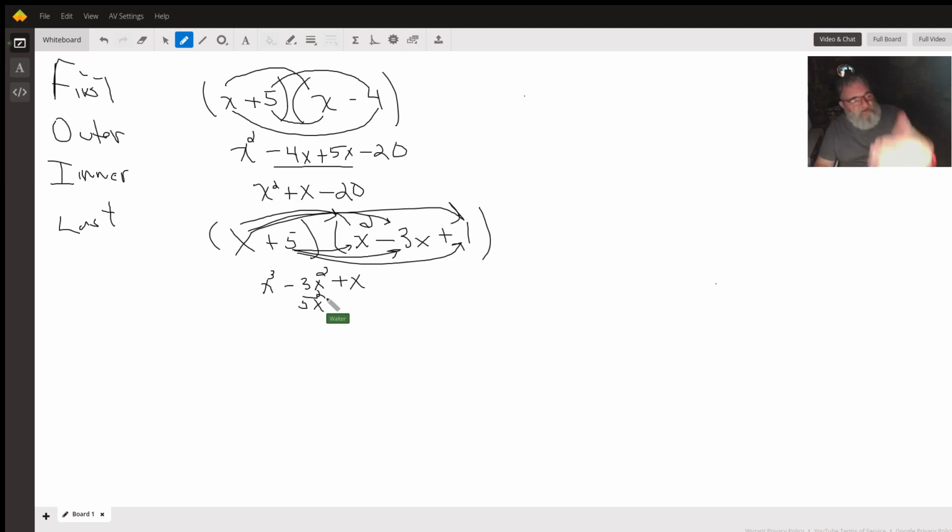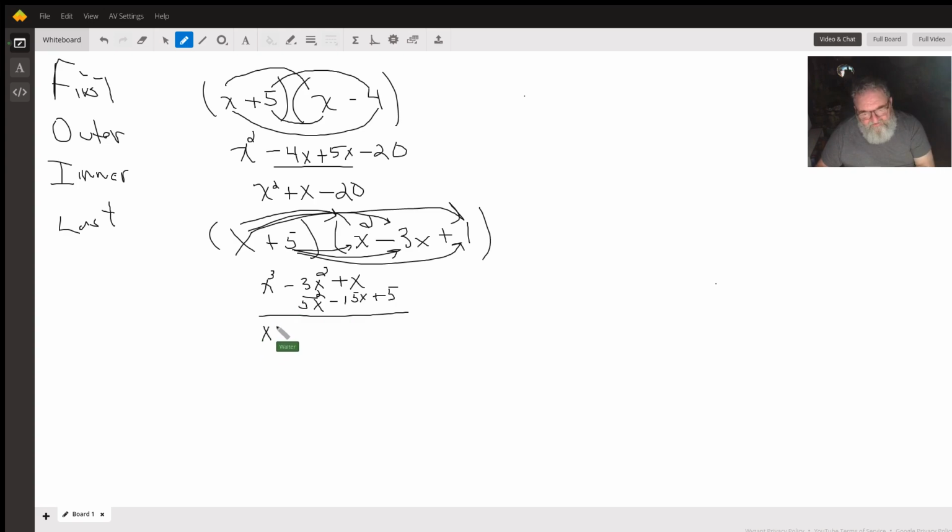Notice I'm putting the like terms underneath each other, so it just adds straight down. 5 times negative 3x is negative 15x, and 5 times 1 is 5. So now all I have to do is add straight down.